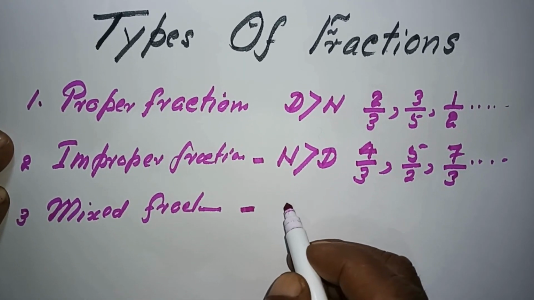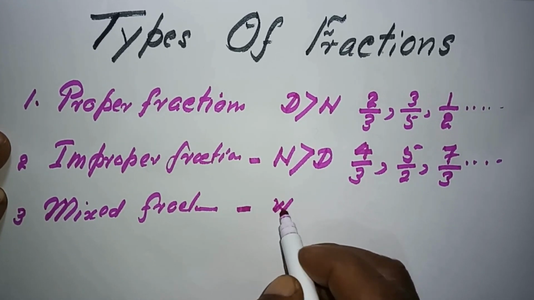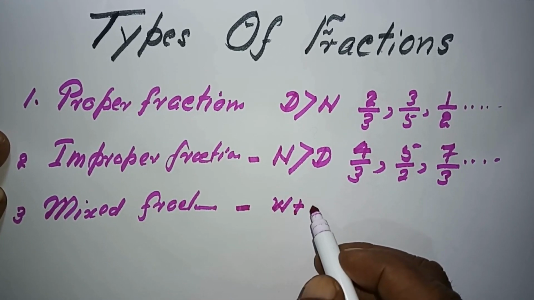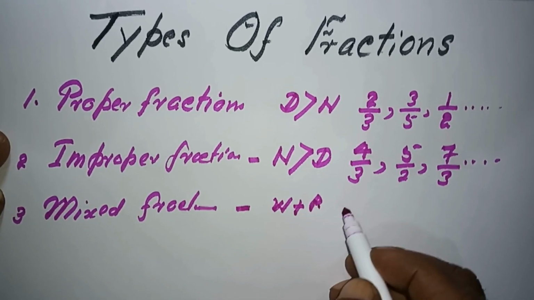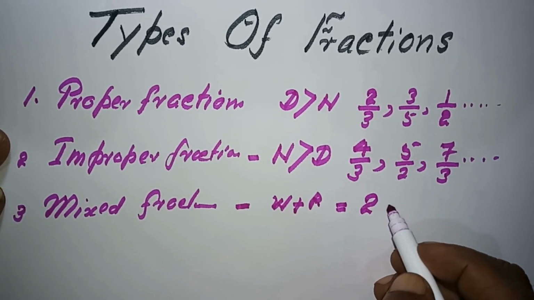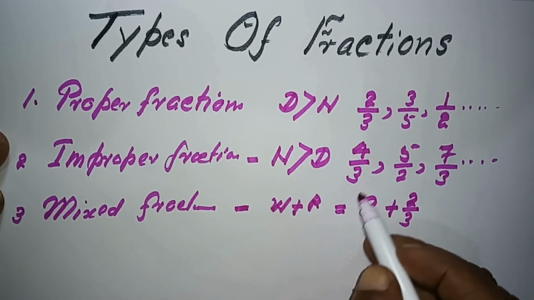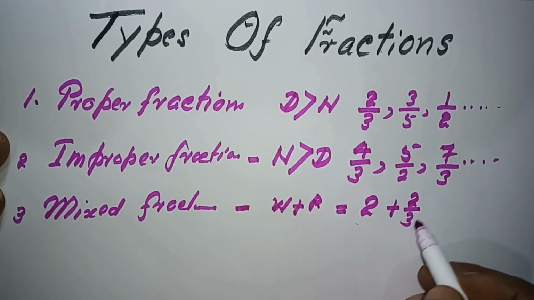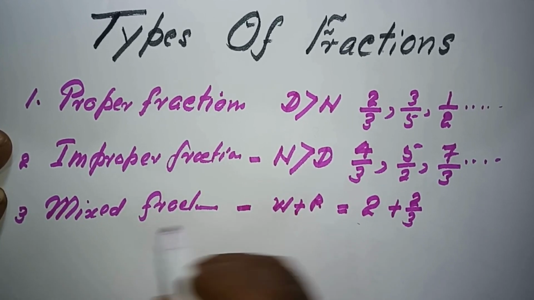Mixed fraction means a whole number plus a proper fraction. For example, say 2 plus 2 over 3. This is a whole number. This is a proper fraction. When you get these two, it's a mixed fraction.